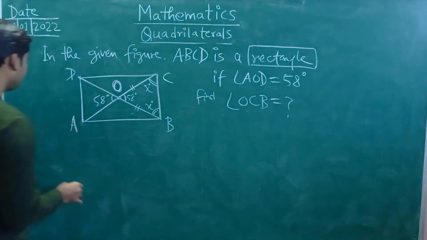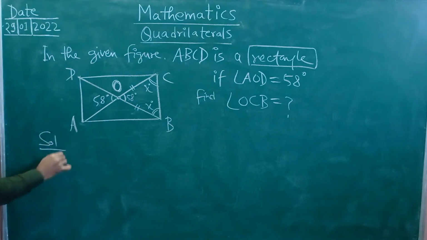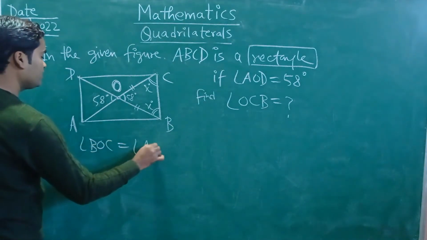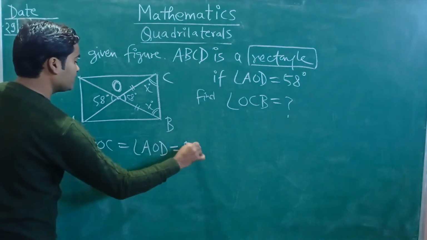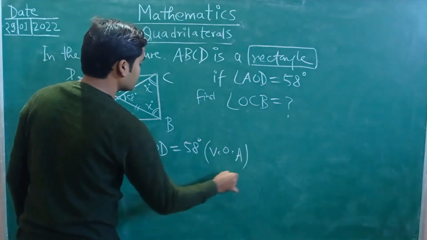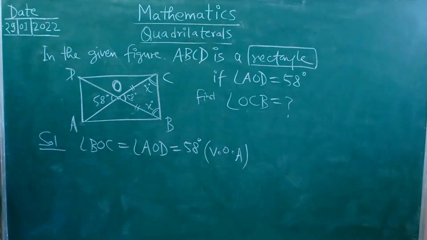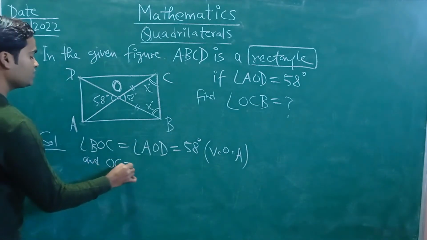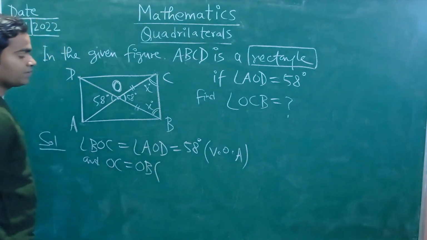So in solution, start from angle BOC is equal to angle AOD equal to 58 degree. These two are vertically opposite angles. OC is equal to OB.